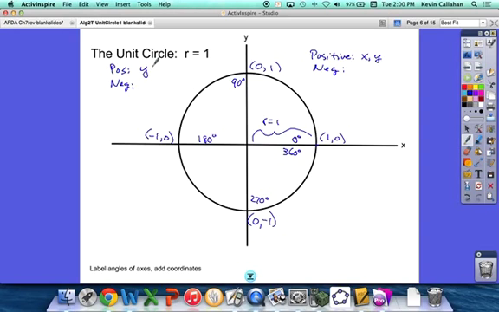The Y is positive because it's above the middle, and the X is negative because it's to the left, right? And how about in quadrant 3? They are both negative, right? You're to the left and you're below, so they're both negative. And then what about this one? Positive and negative. So the X is positive because you're to the right of the middle, and the Y is negative because you're below the middle, vertically.